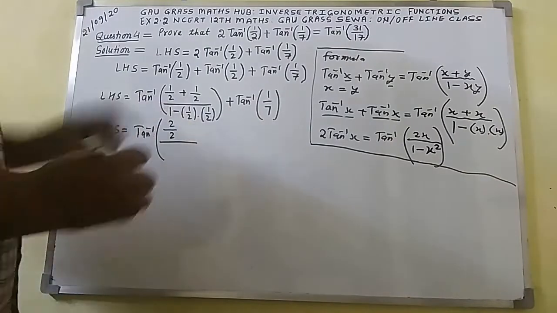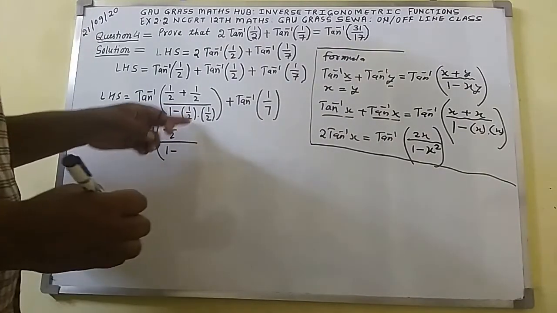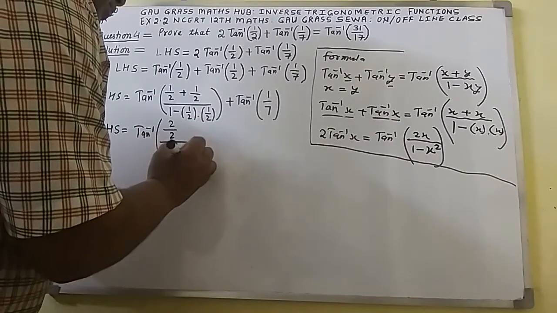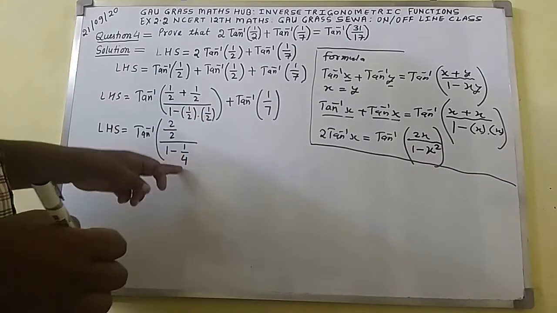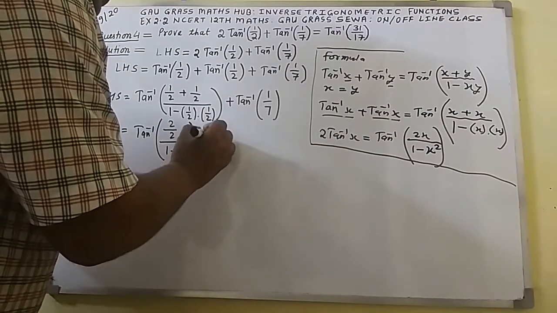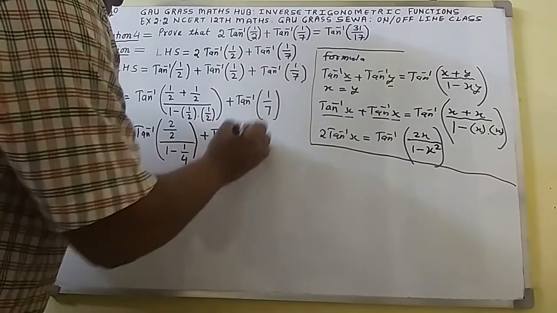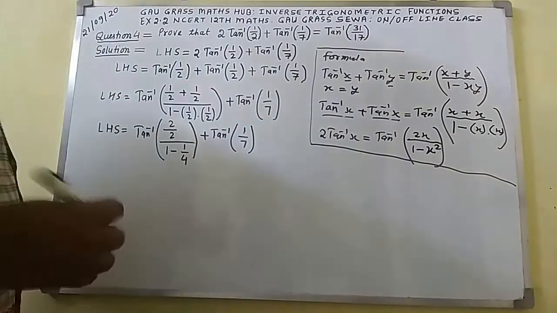Here you will get 1 minus 1 over 2 will multiply to 1 over 2, you will get here 1 over 4, because 2 will multiply to 2, you will get 4. It will become plus tan inverse 1 over 7 can be written like this.